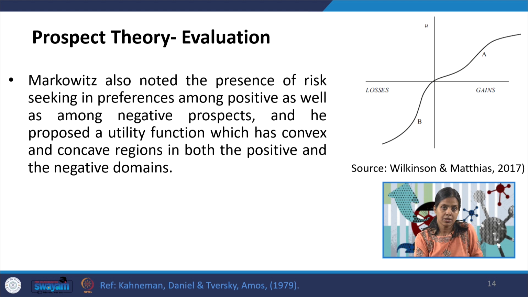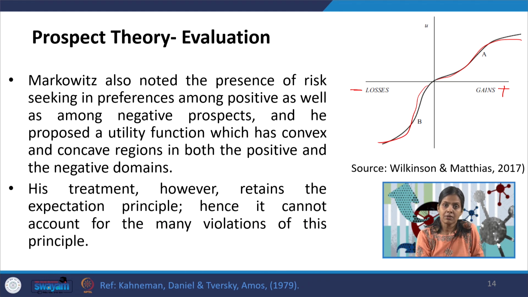Markowitz also noted the presence of risk seeking in preferences among positive as well as among negative prospects, and he proposed a utility function which has convex and concave regions in both the positive and the negative domains. So, you can see that this is the positive or gain domain and this is the negative or loss domain. There are concave and convex portions in both losses and gains.